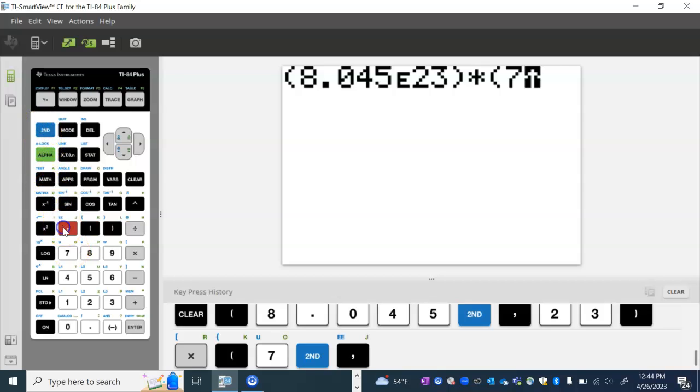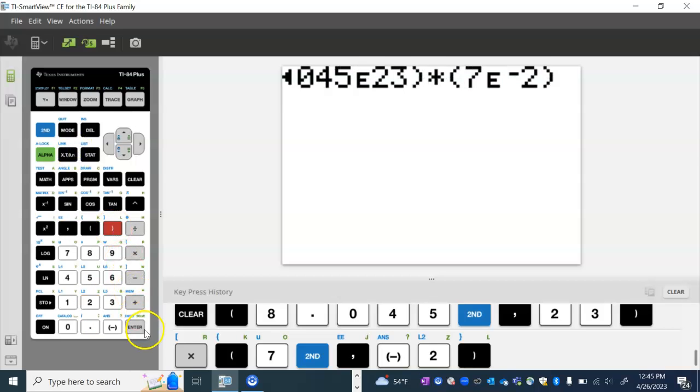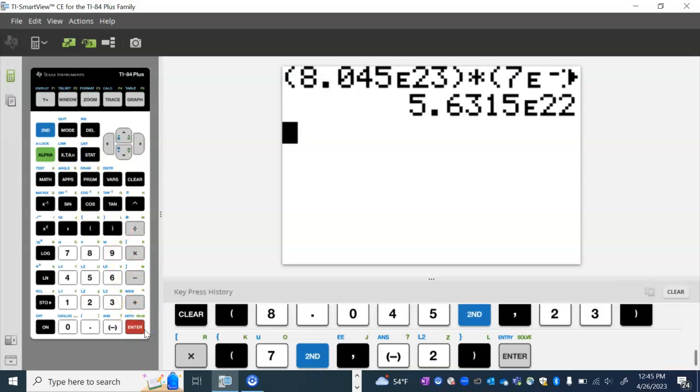That's a second EE, my negative button right here next to my enter button, negative 2, close that parenthesis, and problem solved. 5.6315 E22, which translates when you're writing it on paper to 5.6315 times 10 to the 22nd.